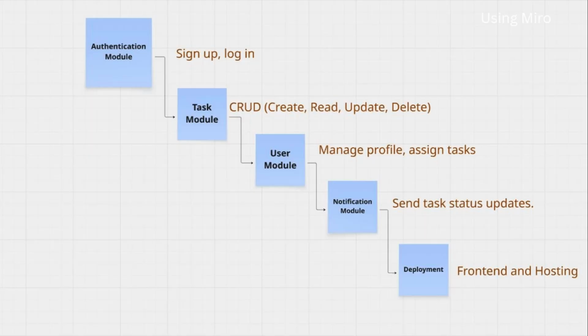Break down every single thing in the project into modules: authentication, task, user, the notification, the things that we have clarified earlier. And let's say for me, I will take 1 week for each one of them. So this project might take me 5 weeks, maybe. Yes, well, definitely 5 weeks.